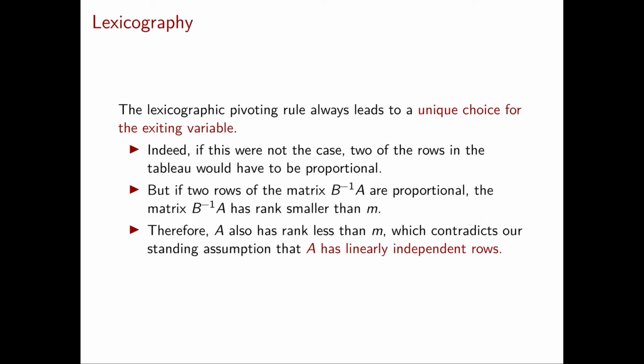But now remember that the rows of the simplex tableau, if you delete the 0th column, are two rows of the matrix B inverse A. So we obtain that there are two rows of the matrix B inverse A that are proportional. In particular, this means that the matrix B inverse A has rank smaller than M. Since B inverse is of course invertible, we obtain that also the matrix A has rank less than M, and so it doesn't have linearly independent rows. So we obtain a contradiction, and this is how we conclude this proof.